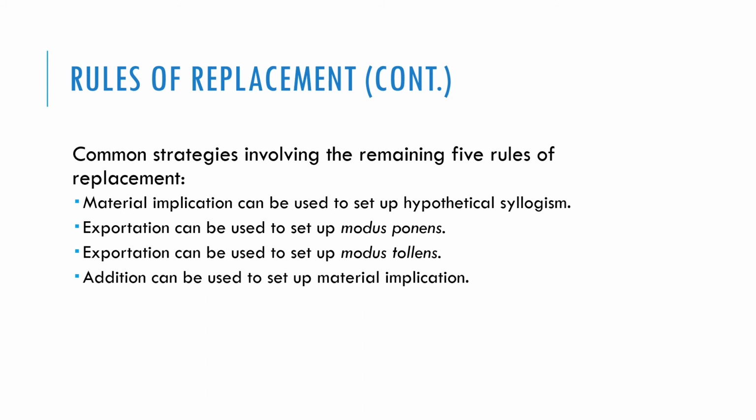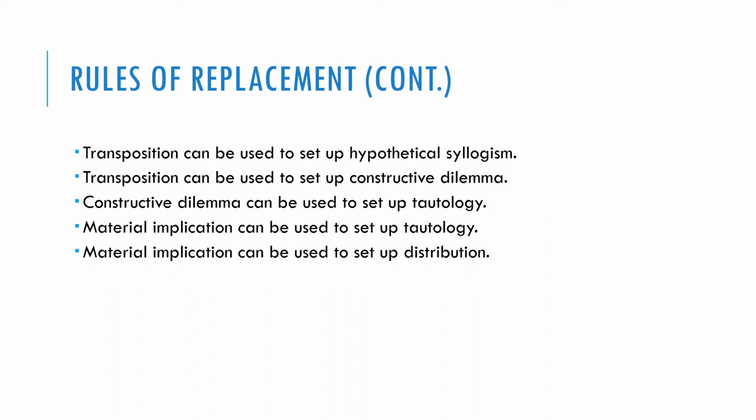So I would recommend going back and comparing how, for instance, exportation and modus ponens go together, or how material implication and a hypothetical syllogism can go together. So when we start to memorize these different rules, we can see how they feed off of each other in order for us to naturally deduce information.